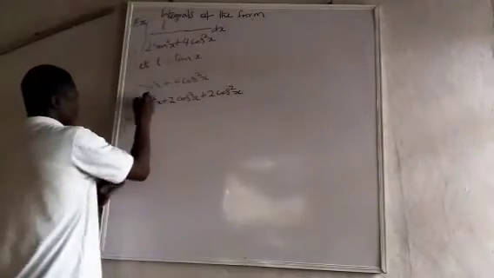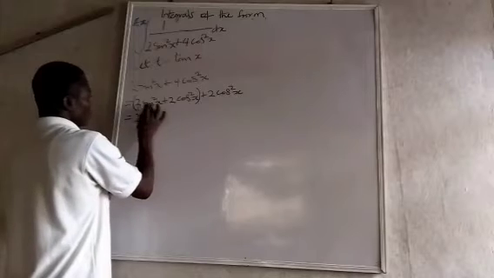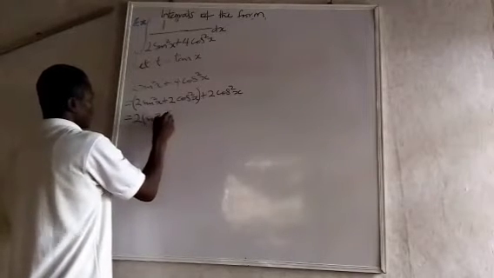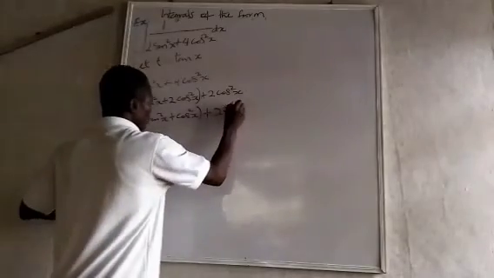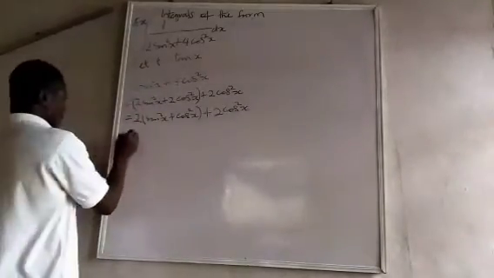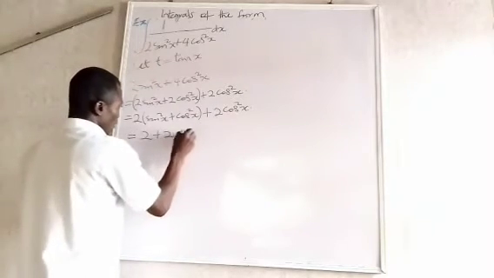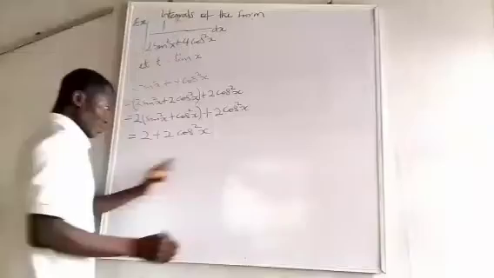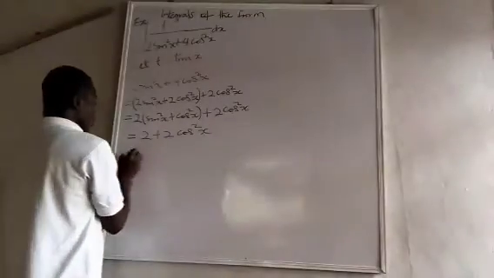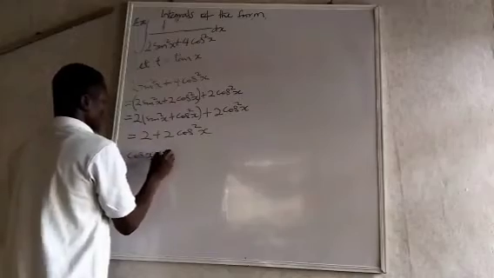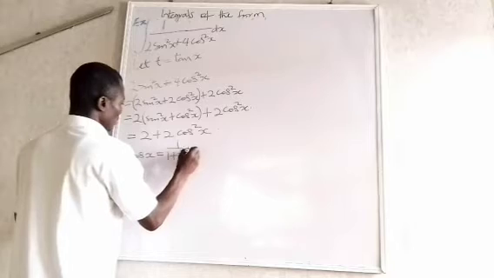So you can see that this place is going to be 2 times sin square x plus cos square x, plus 2 cos square x. So you can see that this expression has become 2 plus 2 cos square x. Straightforward. Now, I can see cos x is equal to 1 over root of 1 plus t squared.